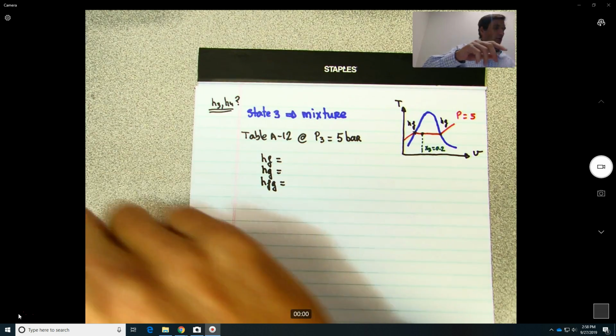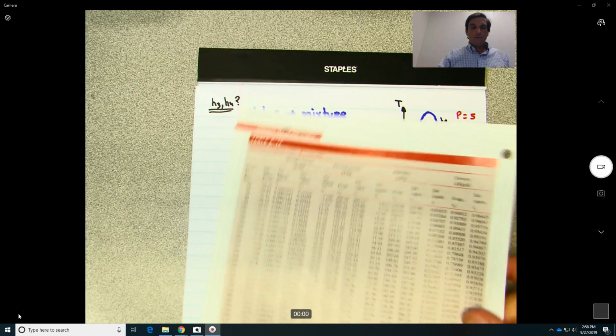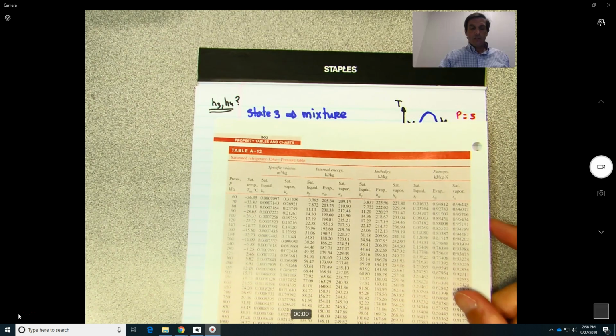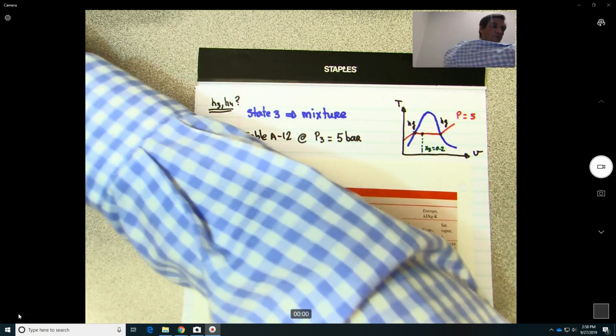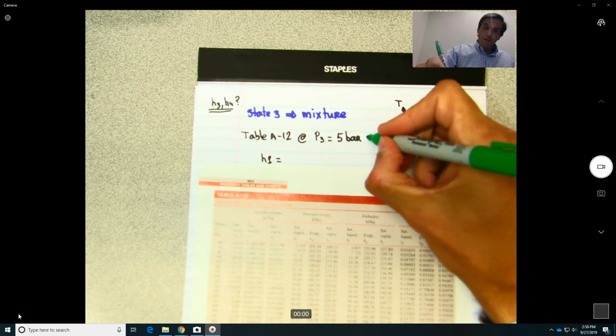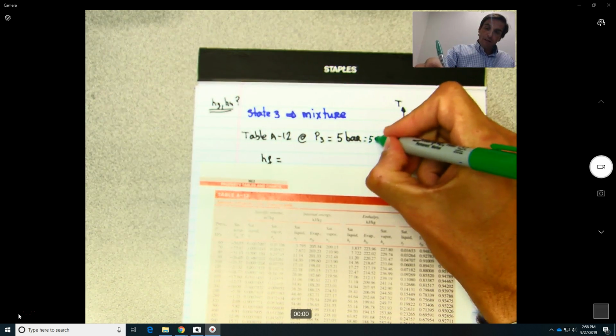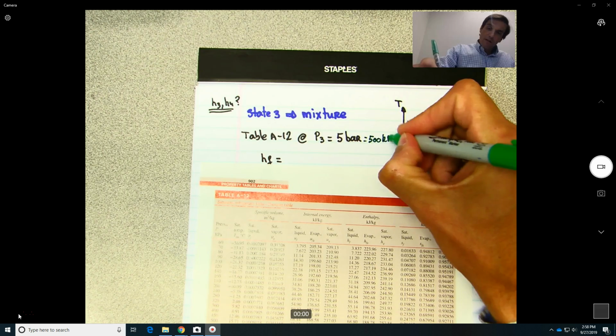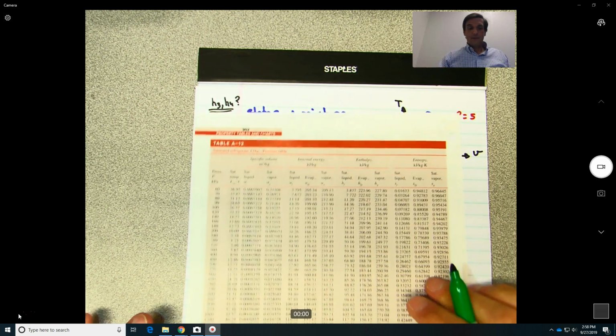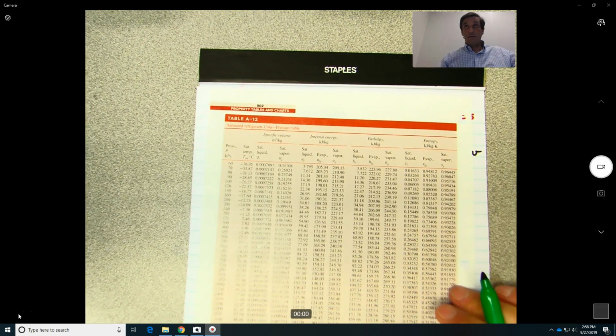So let's go to table A12. Okay, so this table is in kilopascals, so 5 bars will be 500 kilopascals. And let's see what we should get.